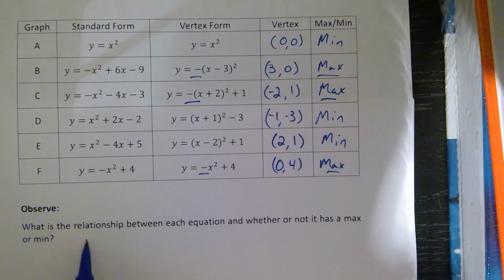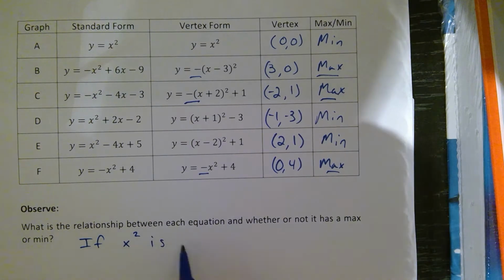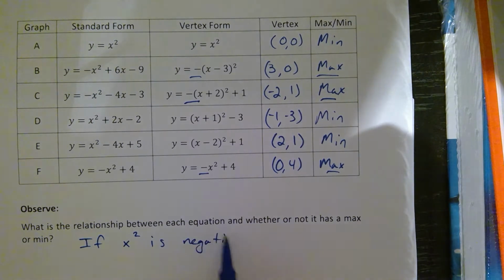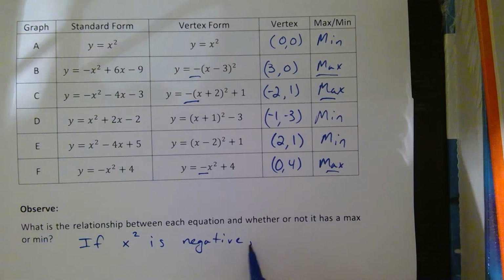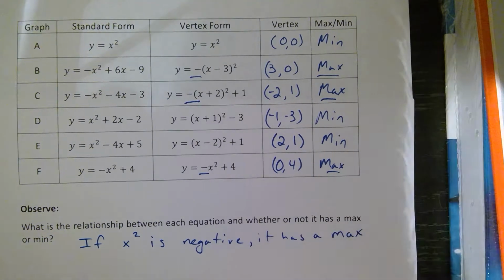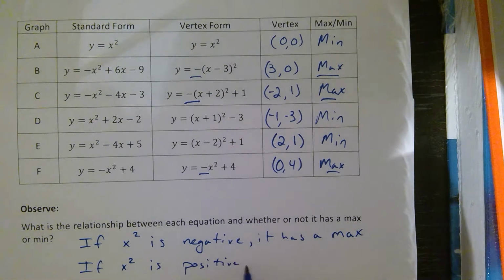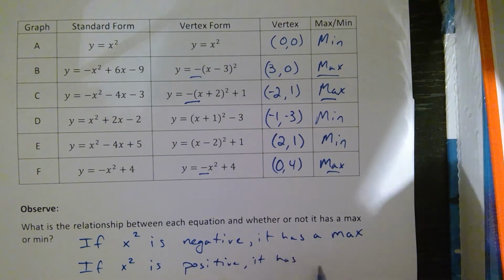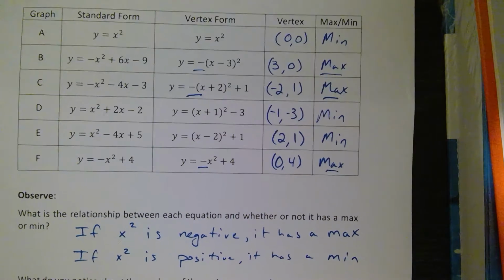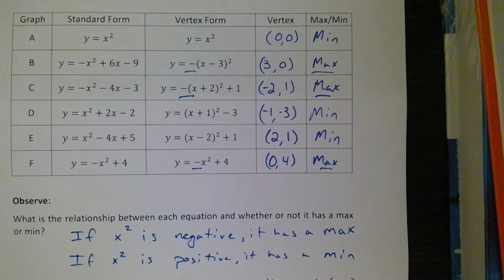So, if x squared is negative, it has a max. If x squared is positive, it has a min. And that is going to be true every single time. And we'll make more of a conclusion later on.